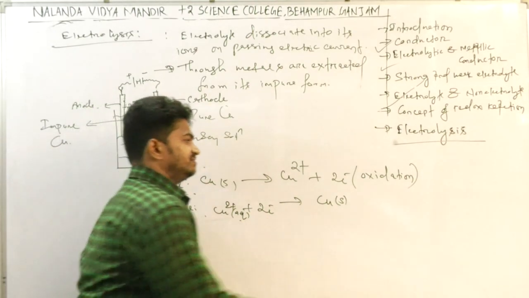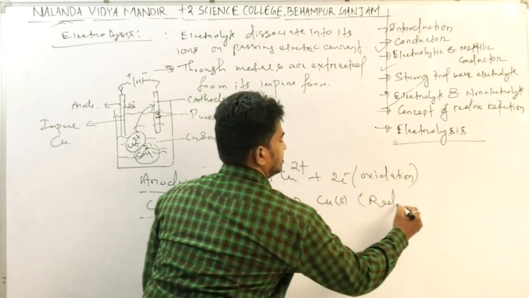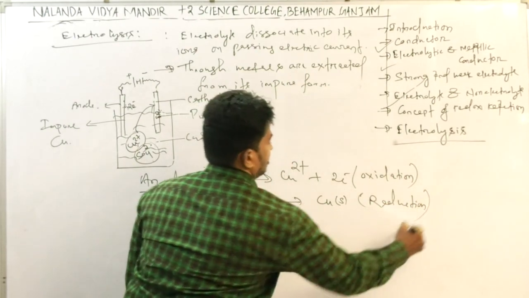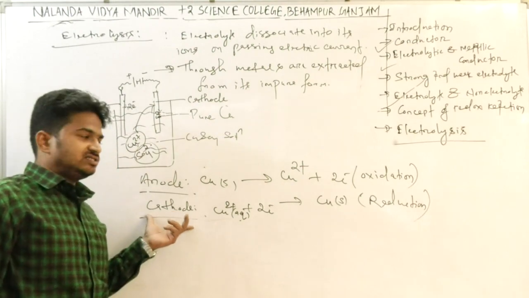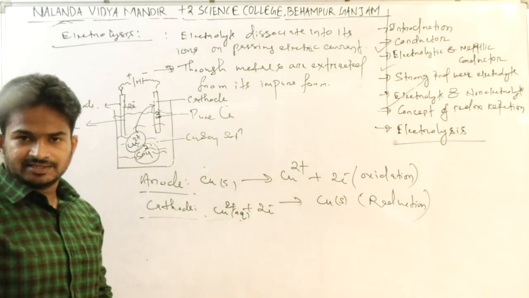Gaining of electrons means it is reduction. So try to remember, reduction reactions always occur at the cathode.